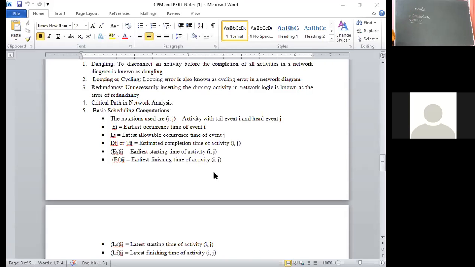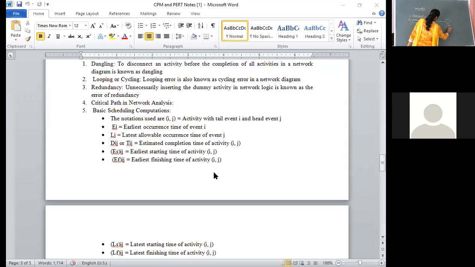First, we will see the definition of an event or a node. Listen carefully here. A node is always represented by a circle. This is called the start node or start event.